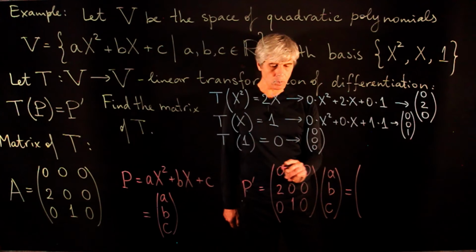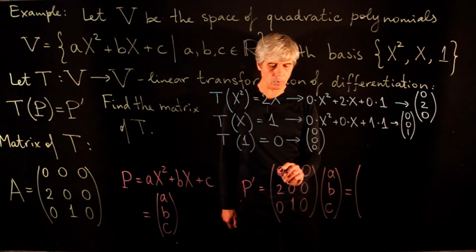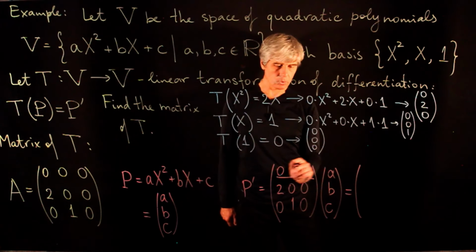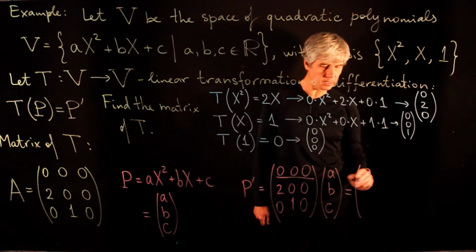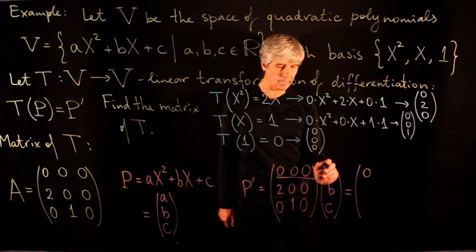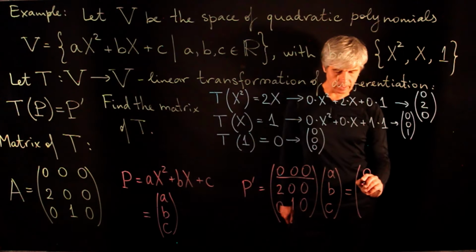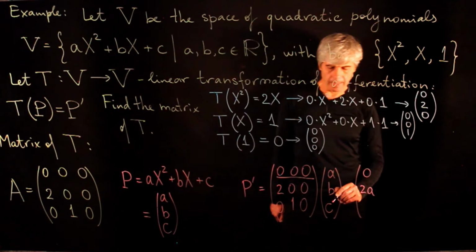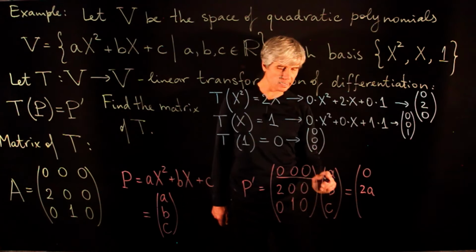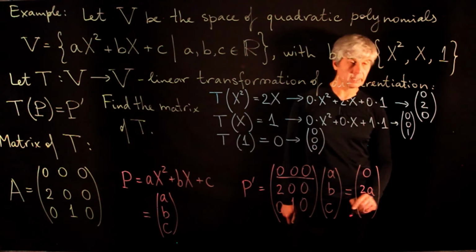So what's the result? To find the product of a matrix with a vector, we take dot products of rows with the column vector. The first dot product is obviously 0. The second dot product is 2 times A plus 0 times B plus 0 times C. That's 2A. And the last component is 0 times A plus 1 times B plus 0 times C. So this is B, right?